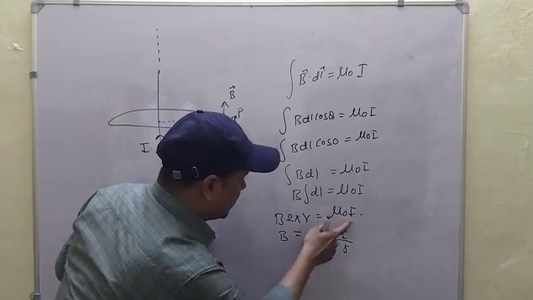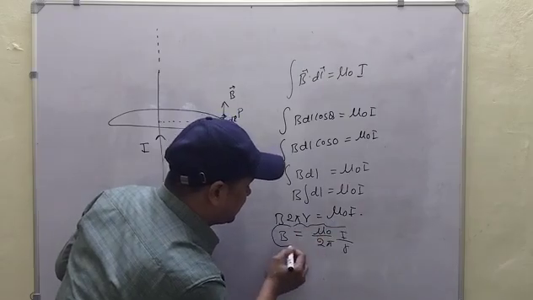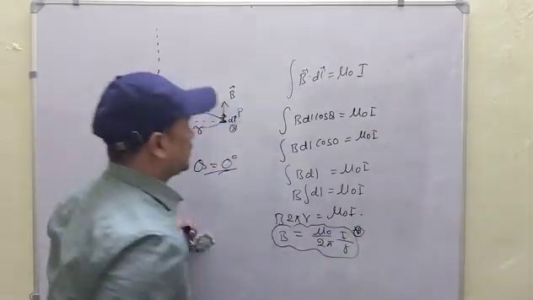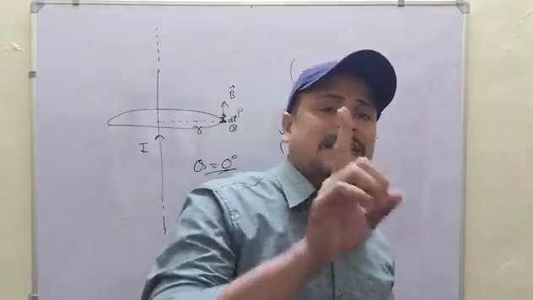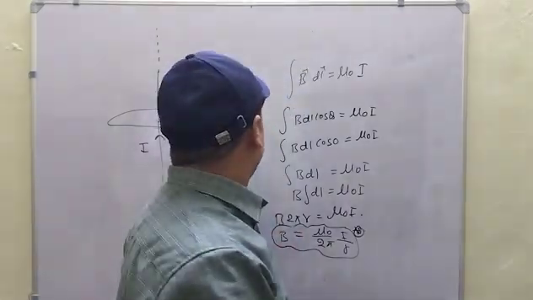This is the formula for the magnetic field due to a straight current carrying wire of infinite length.